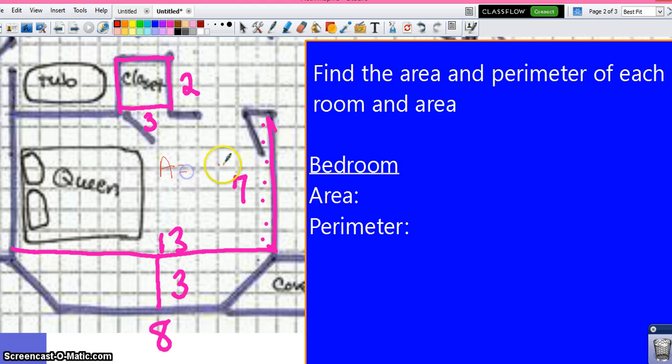So the area is going to be 91 square feet. Now the perimeter is going to be 7, 13, 7, 13. So you just add those together, 26 plus 14, which will give you 40. So the perimeter is 40 feet.